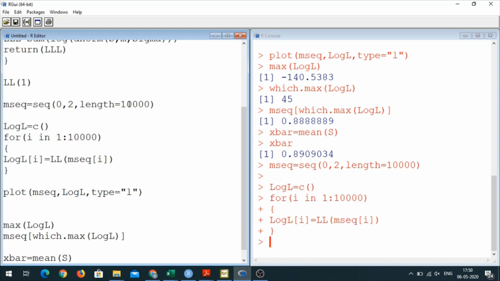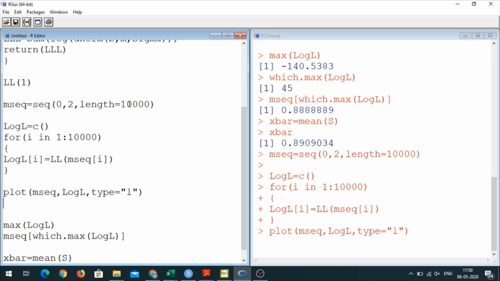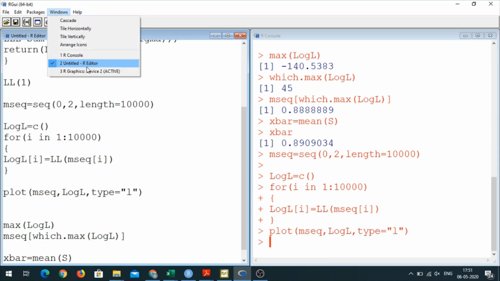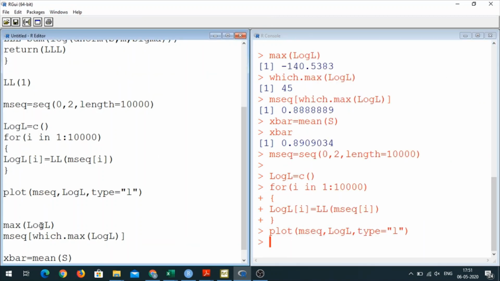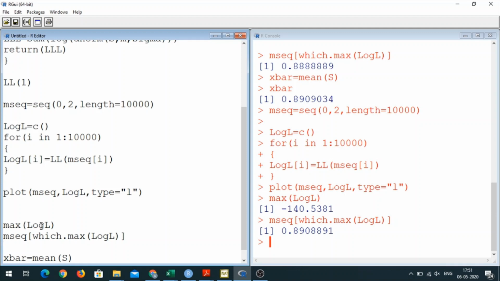Of course, the code takes slightly longer to run. The graph, I don't think there would be much change, because anyway it was a continuous function. See, now we are more close, 8908, 8909. So up to the third decimal we are matching.